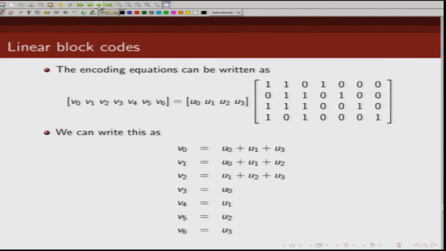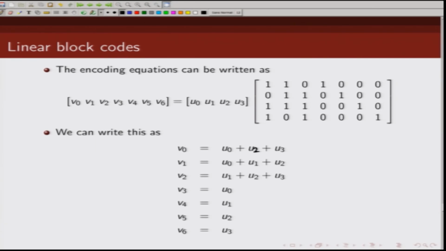You can see from this what V0 is: it is U0 plus U2 plus U3. There is a typing mistake here, this should have been U2. So, V0 is U0 times 1 plus 0 times U1 plus 1 times U2 plus 1 times U3. So, this V0 is given by U0 plus U2 plus U3.